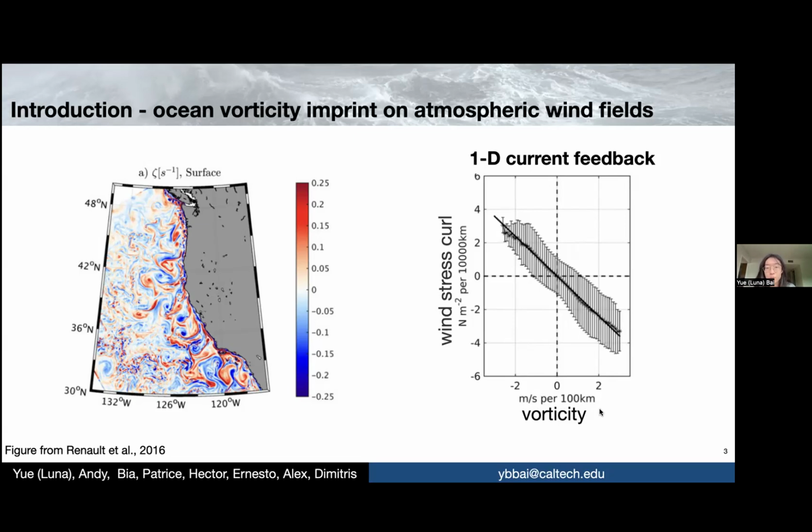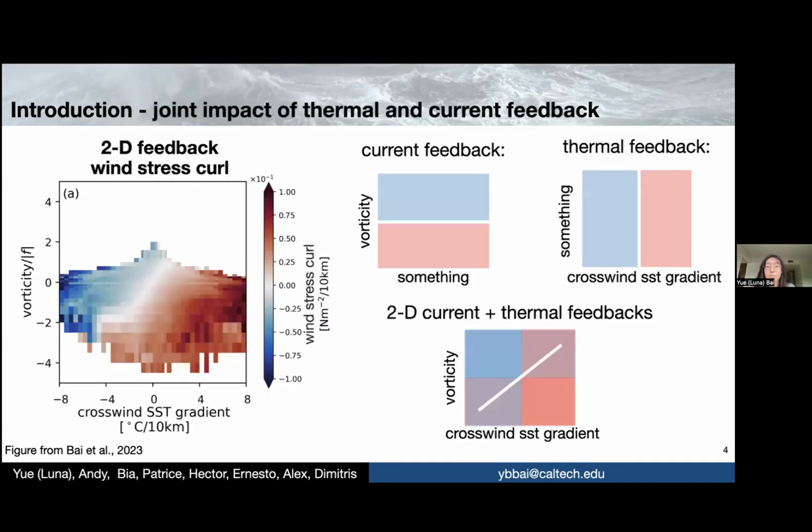So there's actually a rich pool of studies that have looked into either current feedback or thermal feedback individually. But in the real ocean, a lot of times the strong SST gradients can be correlated with strong velocities and velocity gradients. And so is it possible that these two feedbacks could interact or contaminate each other?